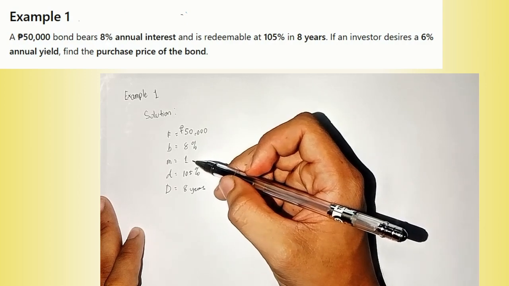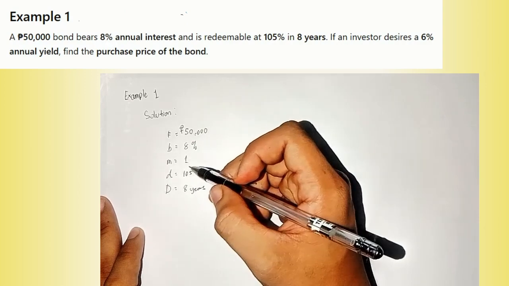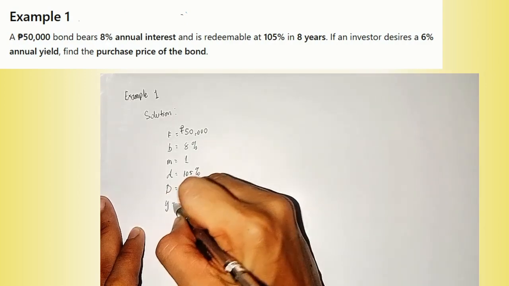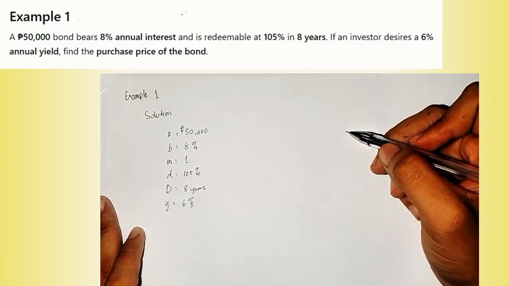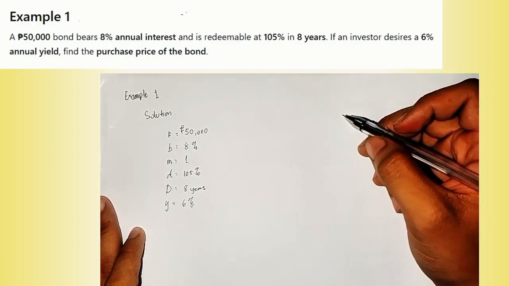If an investor desires a 6% annual yield, meaning Y is equal to 6%, what is the purchase price of the bond?